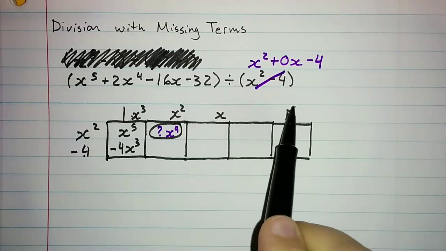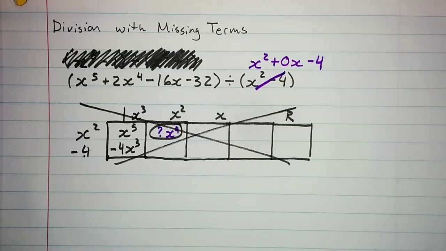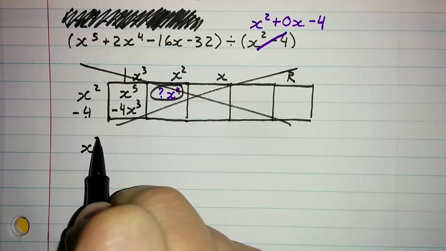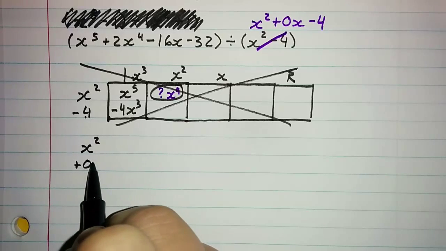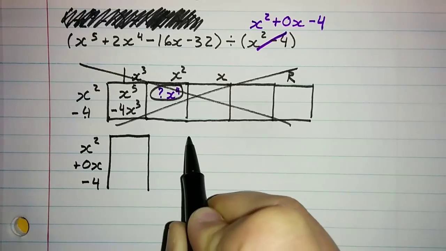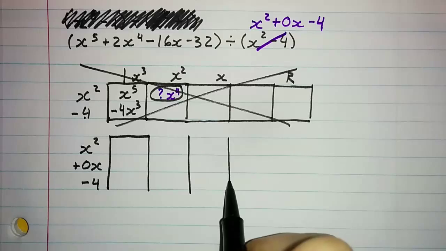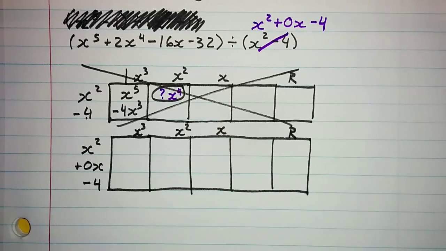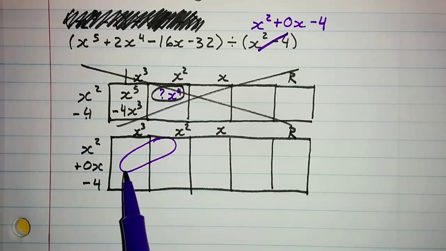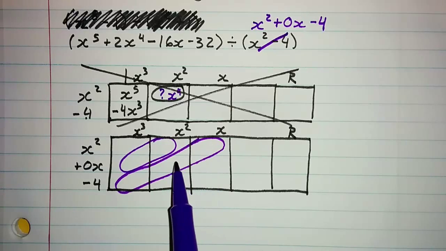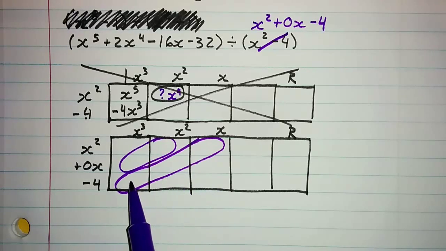And then, instead of setting up this box, I'll set up a box with x squared, 0x, and minus 4. I'll still want the same columns, but I think this actually solves my problem, because now I'll have x squared times x squared, x cubed times x times x squared times x, constant times x cubed.